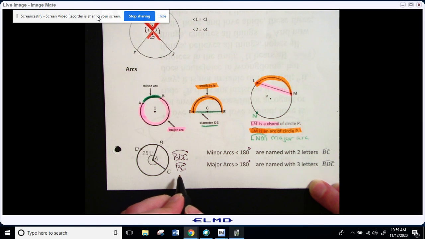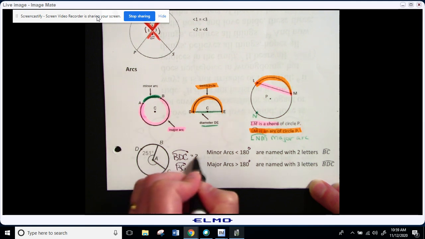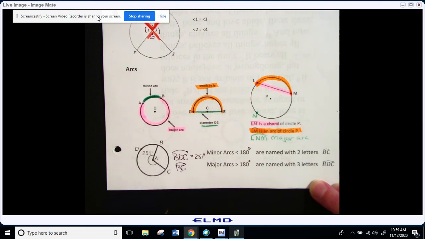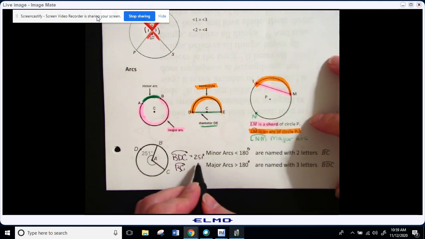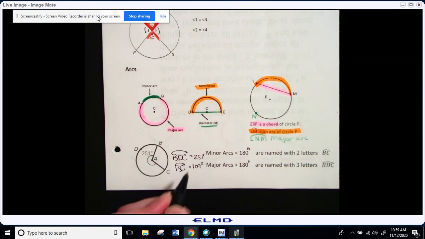So if I added those together, this one would equal 251 degrees, and then 360 minus 250 would be 109. And again, we've already talked about that.